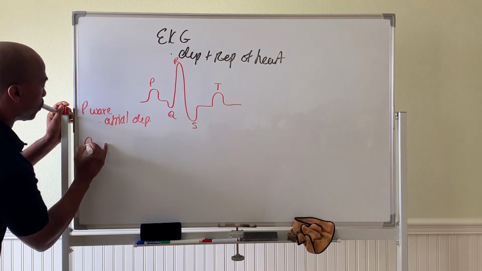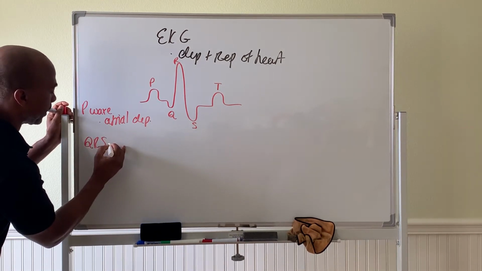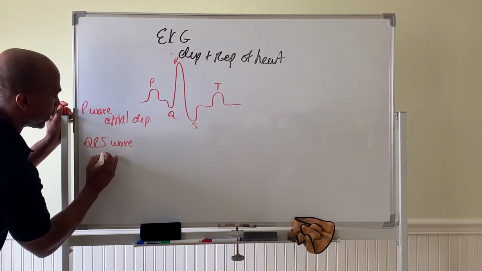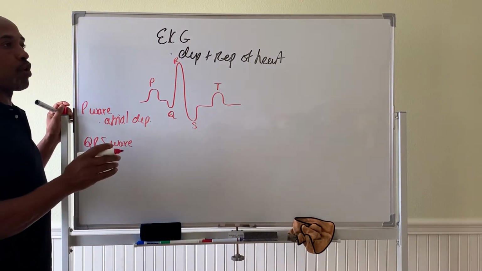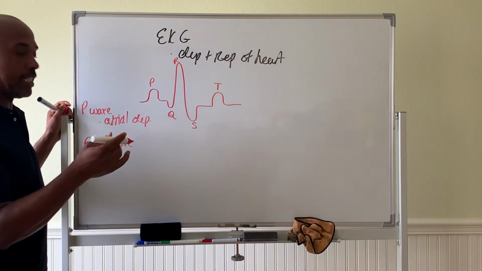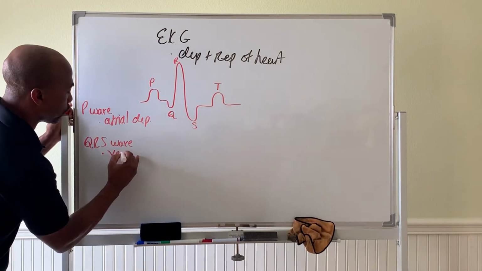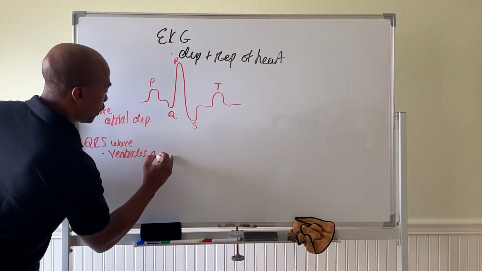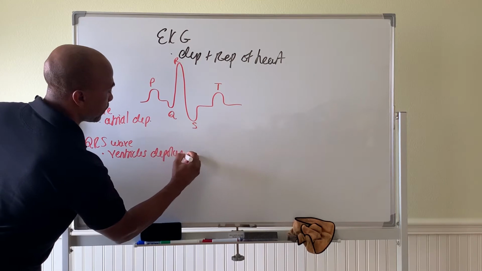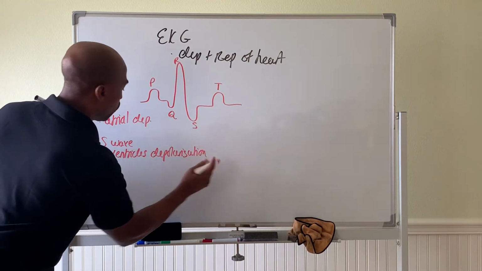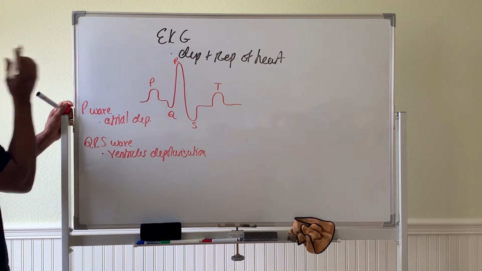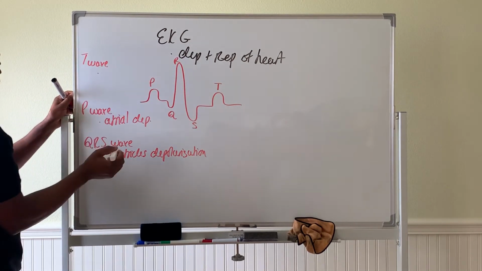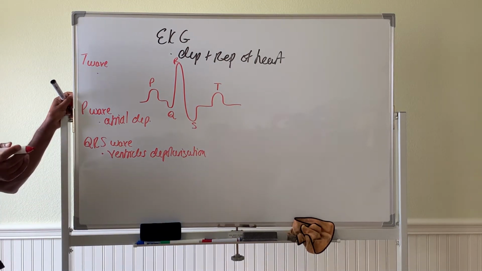Your QRS wave or segment happens during ventricular depolarization. So when the ventricles are being activated, the ventricular depolarization will drive the QRS wave, and your T wave happens when the ventricles are being repolarized.